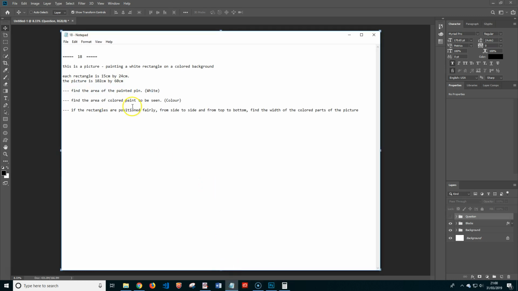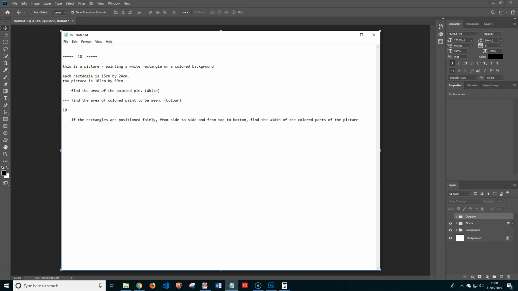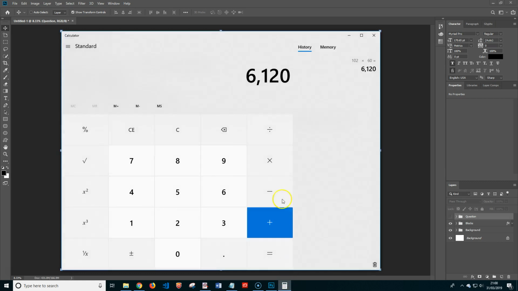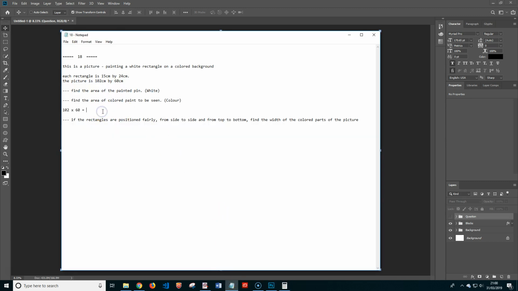So we have our answer, 6,120 centimeters squared, cm2. I know it doesn't look right there, but we'll be okay with that.